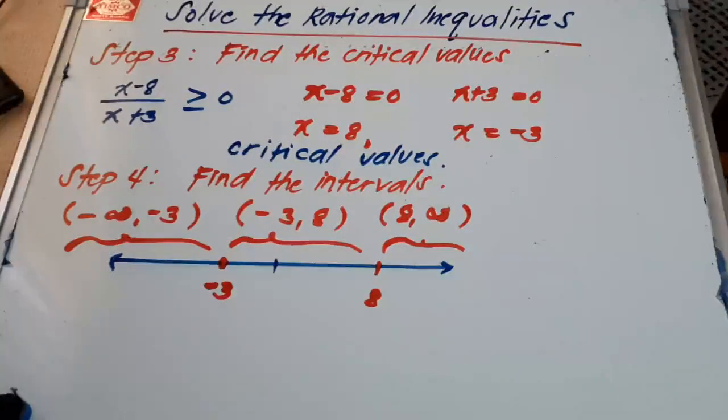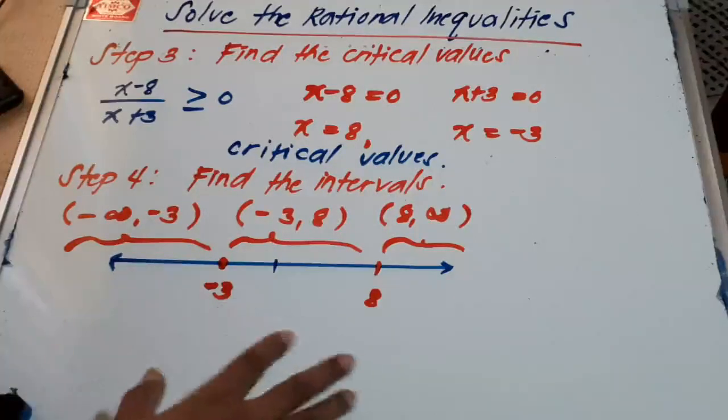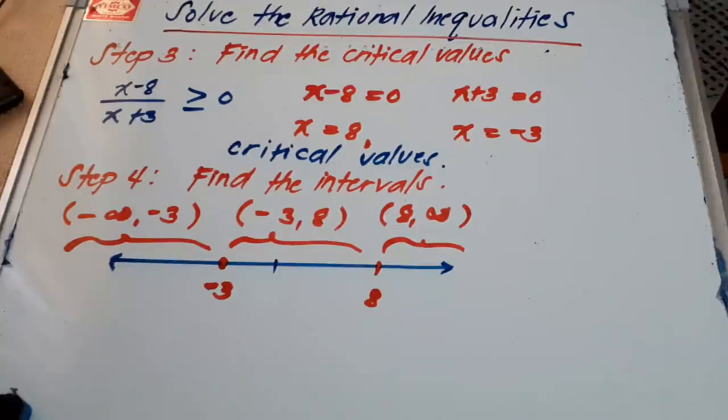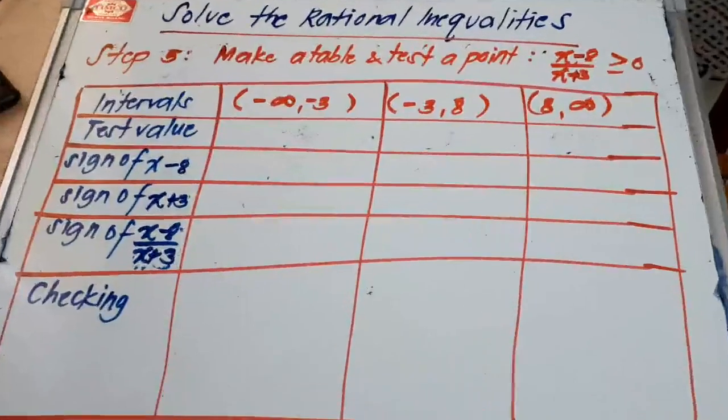At gagawin natin yan dun sa ating fifth step, which is we're going to make a table and test a point on these intervals. So we have now the fifth step in solving rational inequalities. And step number 5 is we're going to make a table and test a point.